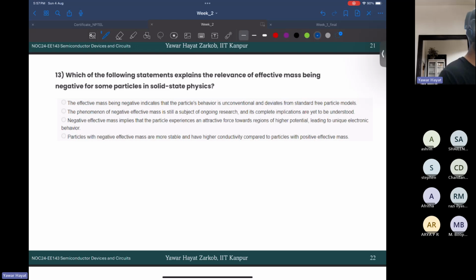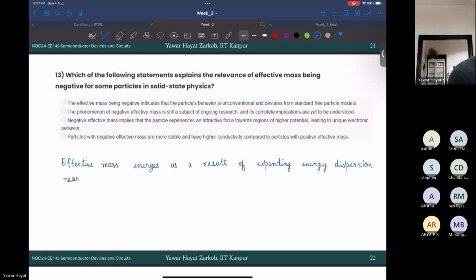Let me add a brief explanation. So your effective mass emerges as a result of expanding the energy dispersion near its minimum, maximum, where it's correspondingly positive, negative, right?